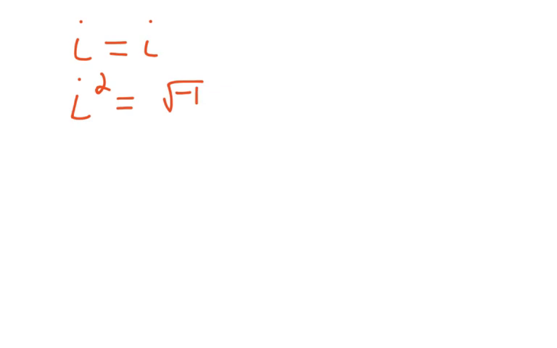Before we get to the adding part, I'm going to take a step back here. There's a couple of things we first need to know. That i is equal to i. i squared, if you square an imaginary number, so if you're talking about the square of the square root of -1, this actually is just simply -1.